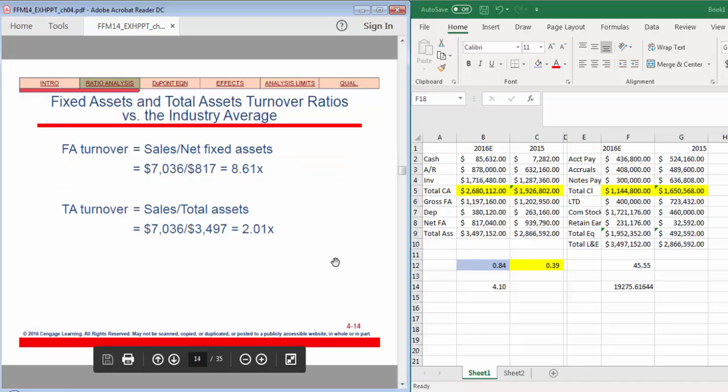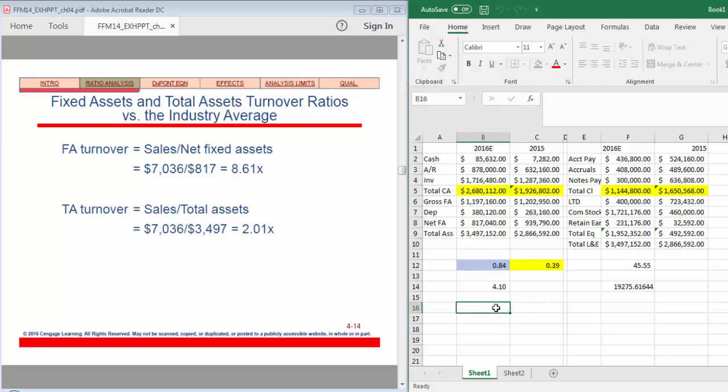Fixed asset and total asset turnover ratios versus the industry average. Fixed assets are the capital investments of the company, for example, plant, building, machinery, and so forth. So how is that investment being utilized for sales? We get that by taking the sales number divided by net fixed assets.